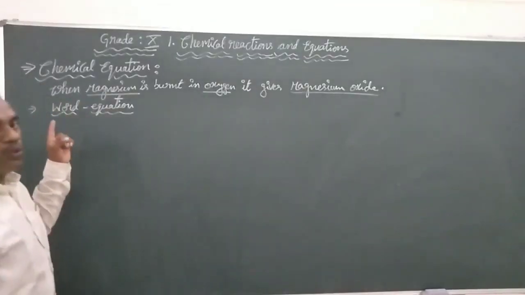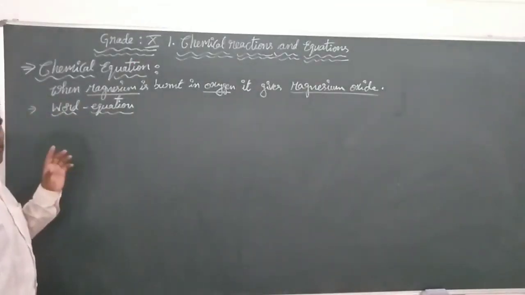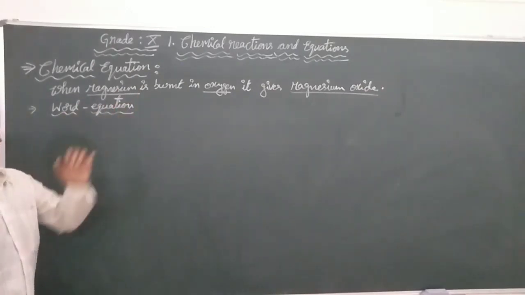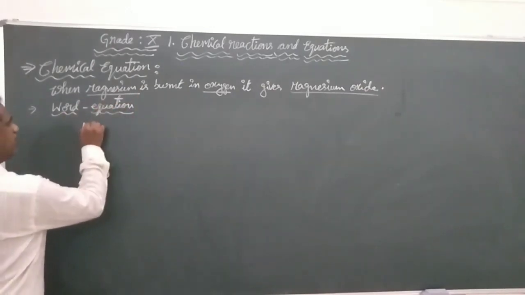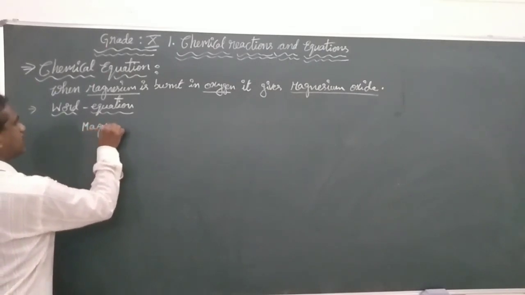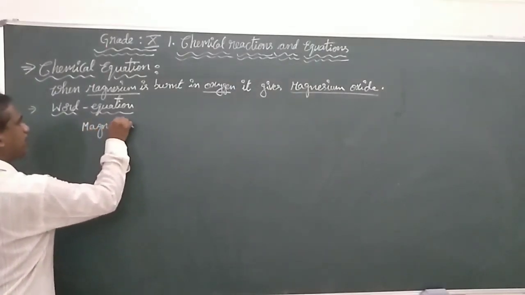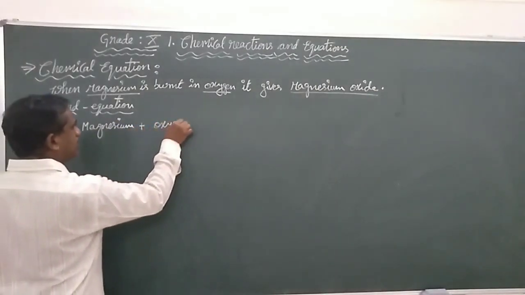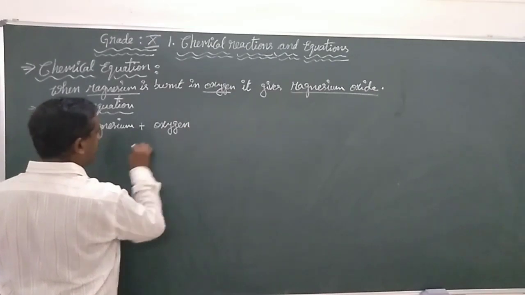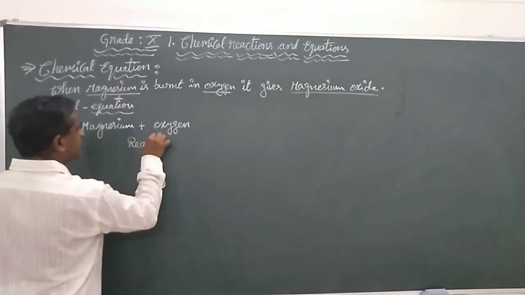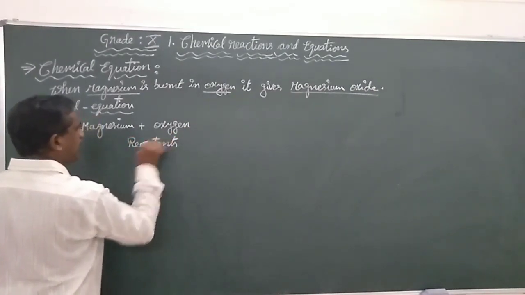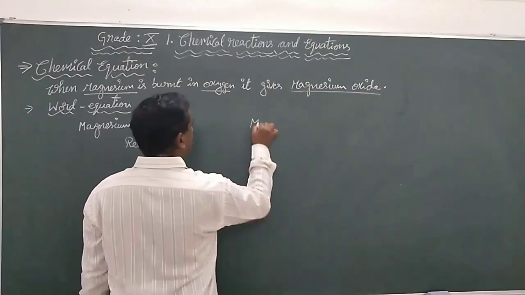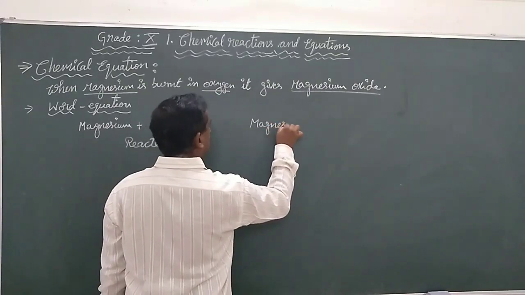When we use only a word equation, we take the words of the reactants and also the products. Let's see, the word equation we can write as: magnesium is one of the reactants. It is going to combine with oxygen, that is the second reactant. So these reactants are written in the form of words. And the product is magnesium oxide.